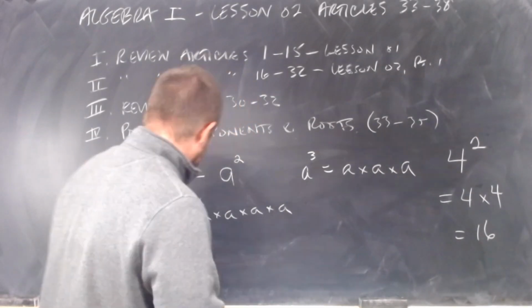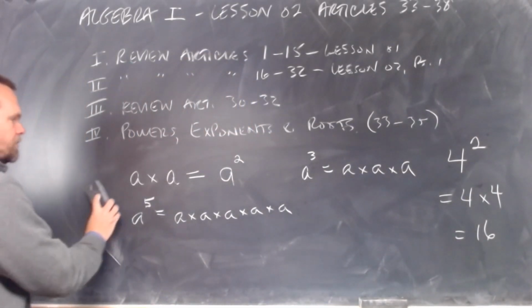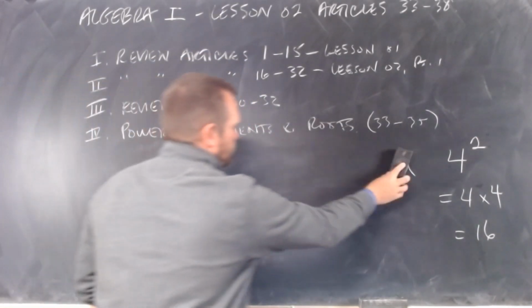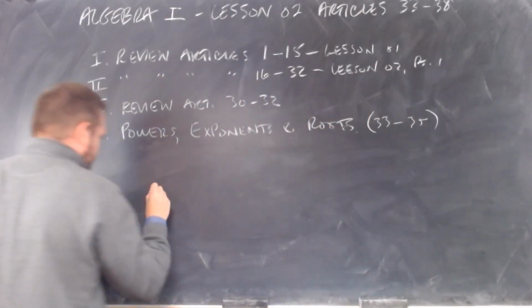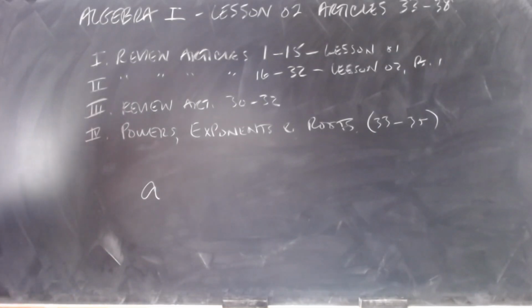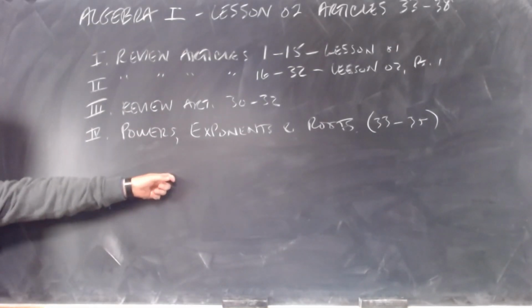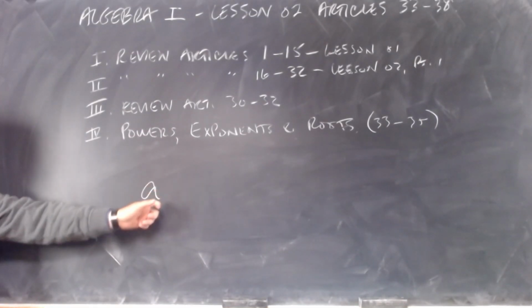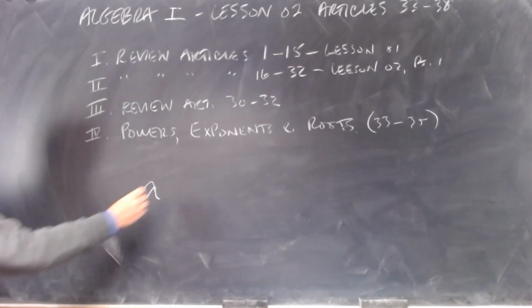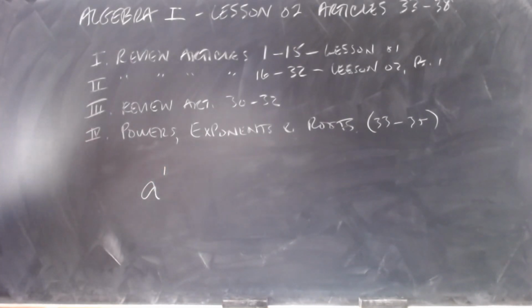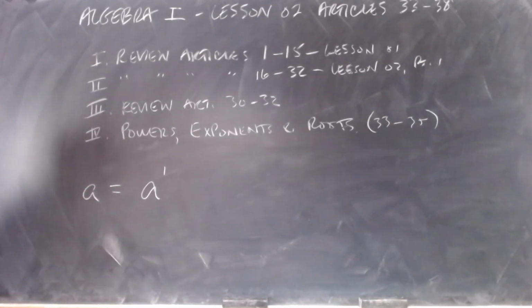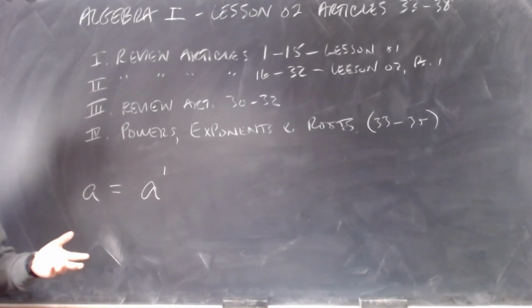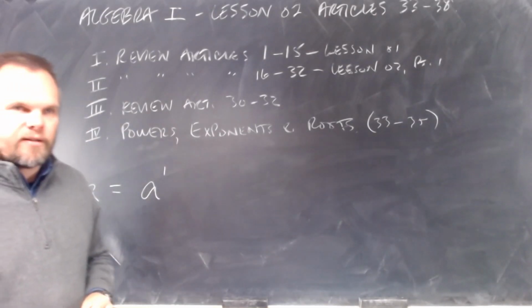Now, if we have a quantity with no exponent, just a quantity written by itself, like A, we can understand an exponent. There is an exponent that goes with this, and the exponent is 1. So A is the same thing as A, we could say, to the first power, if that makes any sense.